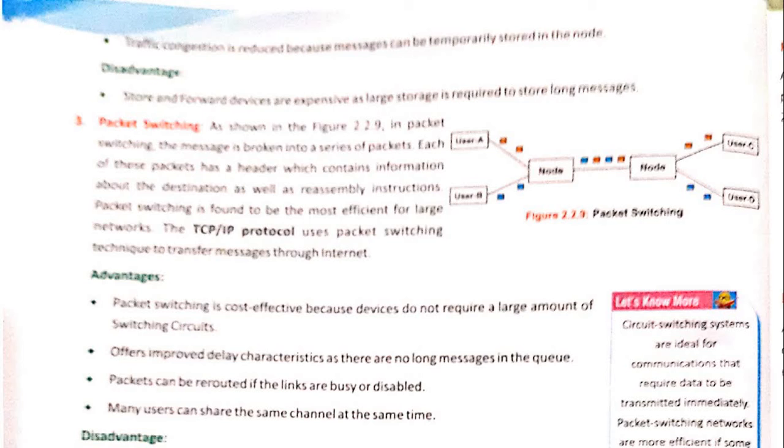So here there is no possibility of a traffic jam, because the message gets transmitted from one node to another node and is temporarily stored in the node. Every time a new message comes, the old message automatically vanishes. So this is the benefit.